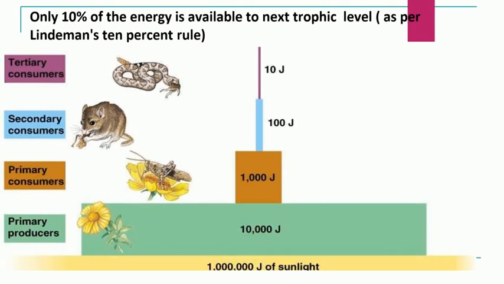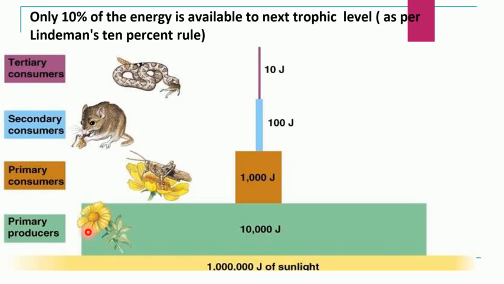The sunlight is trapped by the organisms present at this level, that is, primary producers. Producers are nothing but the different plants, algae or fungi. They have the mechanism of photosynthesis and produce their own food, so we also call them autotrophs.